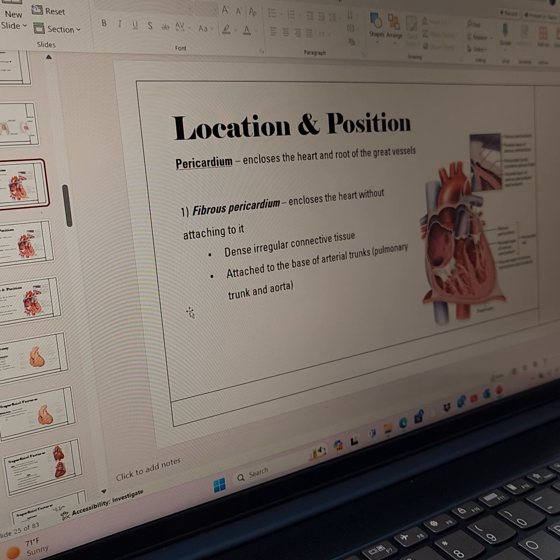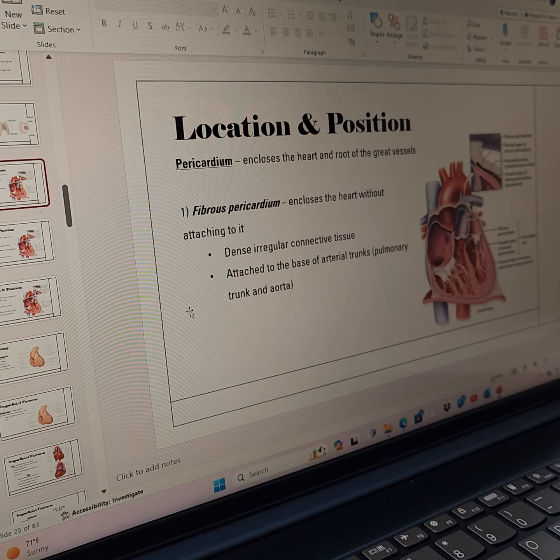So we're going to deal with a lot of the tissues, location, position, things of that nature to be able to exhibit an understanding of where the heart is, what it's made up of. So fibrous pericardium, this is what encloses the heart without attaching to it.